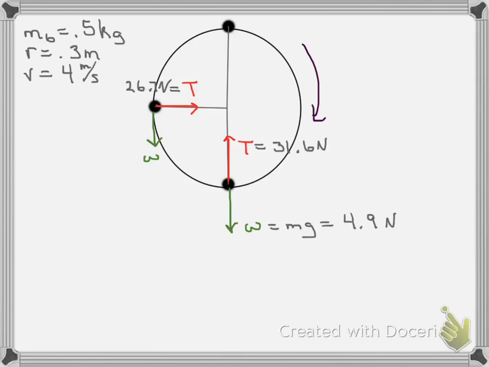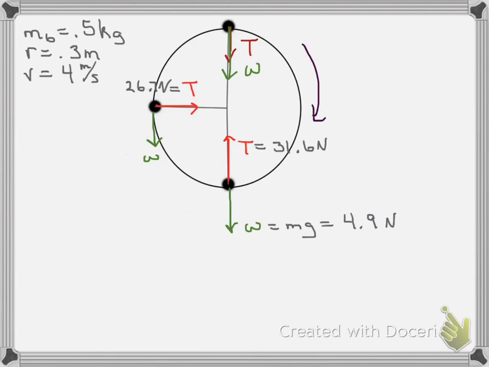Now let's look at the ball when it's at the top of its path. We still have our tension force that points into the center of the circle. And weight, which always points downward, now also points into the center of the circle. It is a centripetal force again.